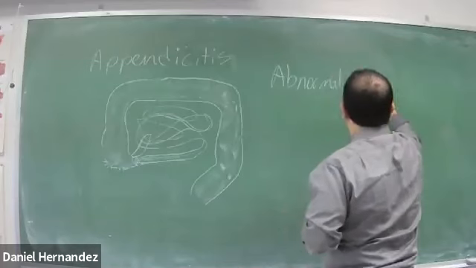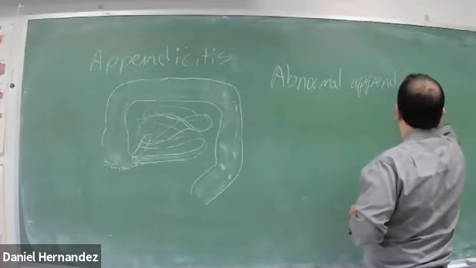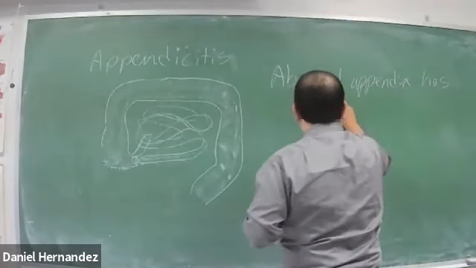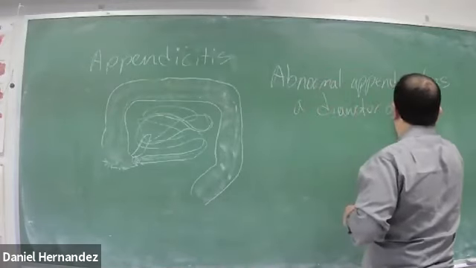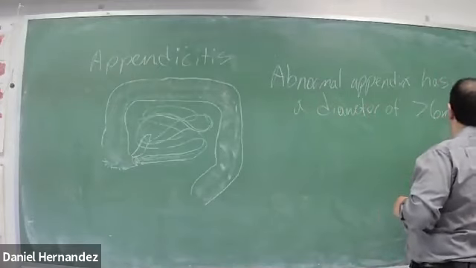An abnormal appendix has a diameter greater than 6 millimeters.